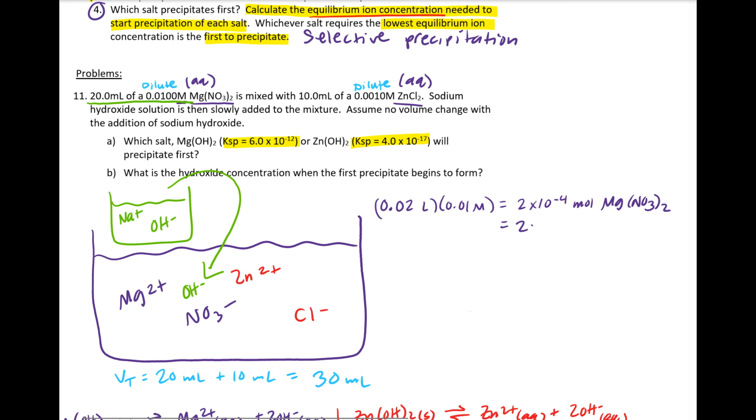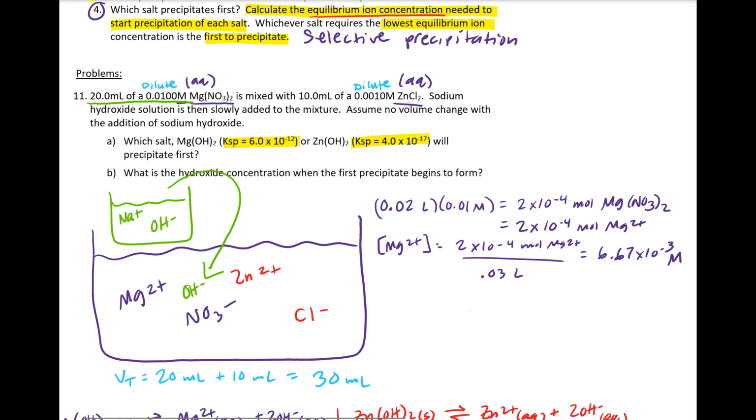So that means you got 2 times 10 to the negative 4 moles of magnesium 2 plus ions. And so the molarity of the magnesium 2 plus ions is 2 times 10 to the negative 4 moles of magnesium over the new volume of 0.03 liters. And so the molarity of the magnesium is 6.67 times 10 to the negative 3 molar.